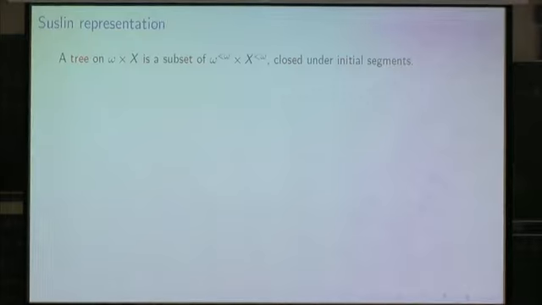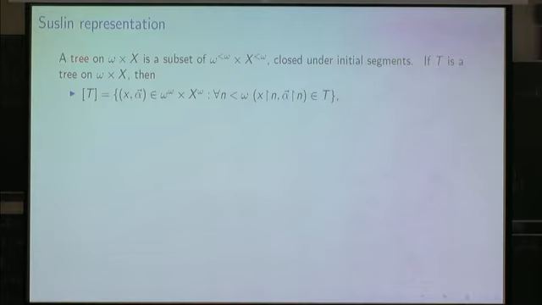The regularity properties are usually in those theorems exhibited by the tree representation. This is quite familiar to descriptive set theorists. A tree on ω × a set is a subset of finite strings, where the two coordinates have equal length, closed under initial segments.